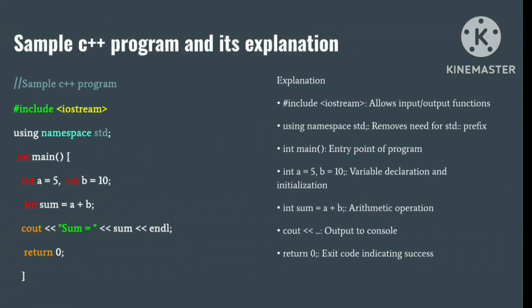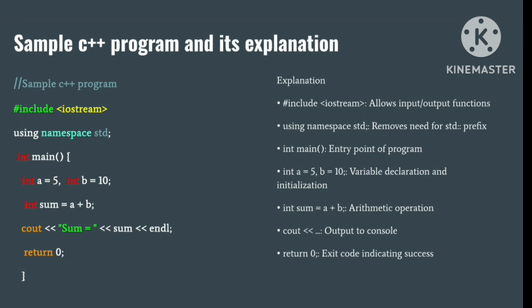Here is a simple C++ program. It is about adding two numbers. First, there is a comment: this is a sample C++ program. A comment is only for the user. It does not get executed by the machine. And the explanation is also there.